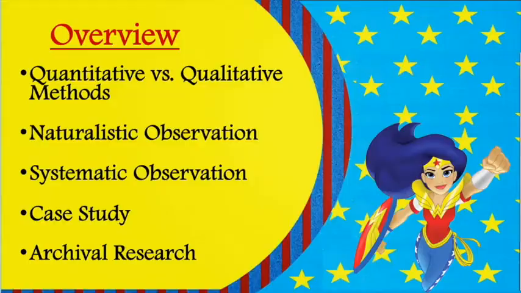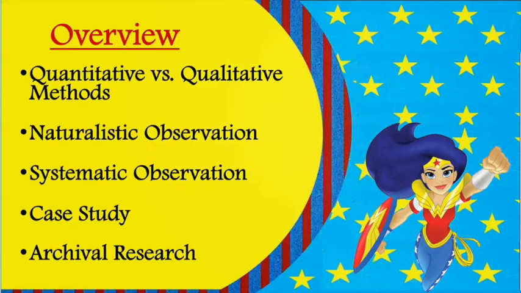So on the agenda, we have quantitative versus qualitative methods. Quantitative refers to collecting some type of numeric data, and qualitative methods refers to collecting stories, verbal feedback, things like that. Then we're going to talk about naturalistic observation and how that differs from systematic observation.